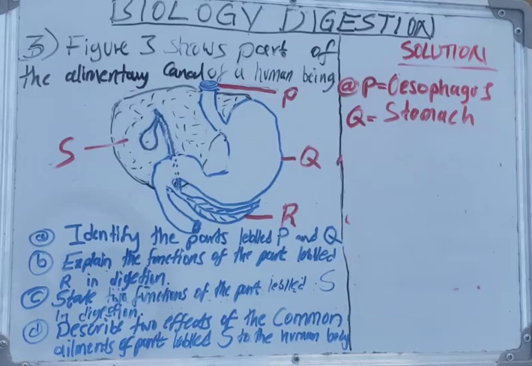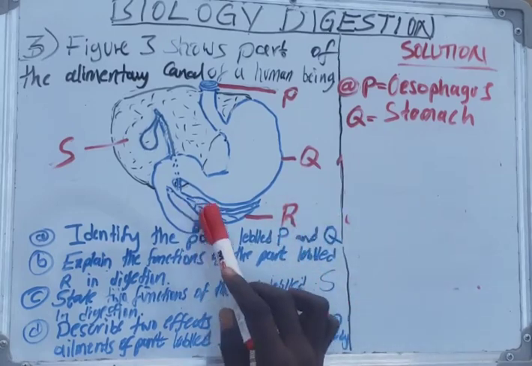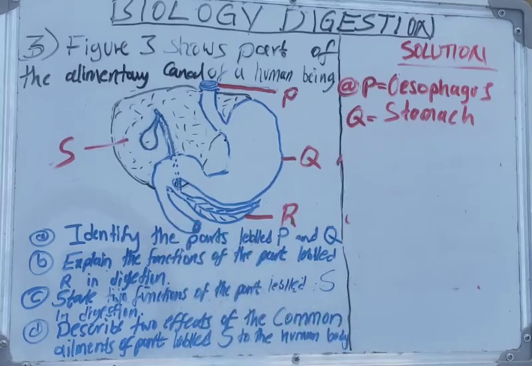Question B reads, explain the functions of the part labeled R in digestion. R is the structure which is similar to a leaf, and it is no other than the pancreas. So they want us to explain the functions of the pancreas.